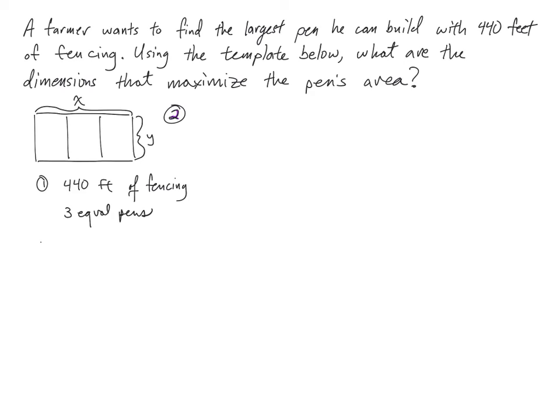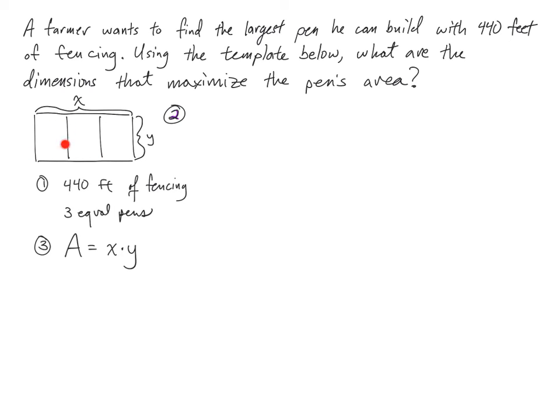And let's jump right into step 3. We know the area of this given rectangle, our primary equation would be x times y. And the farmer has 440 total feet of fencing, which means we need basically a fence wall here and here. So that would be 2 x's.